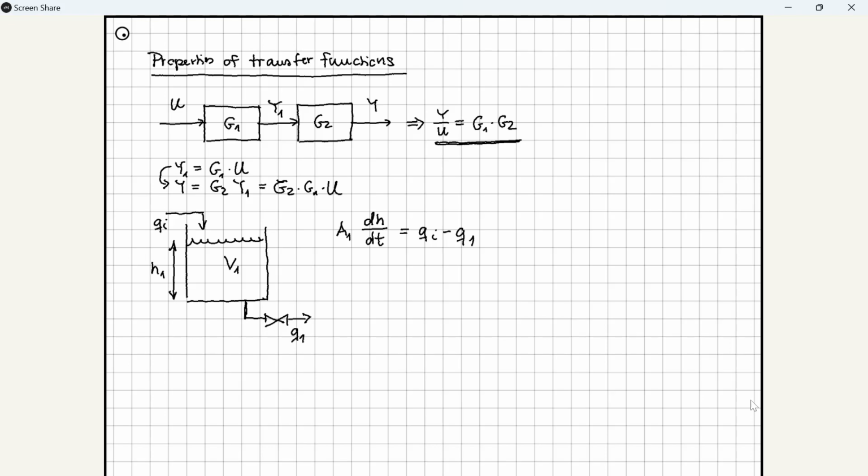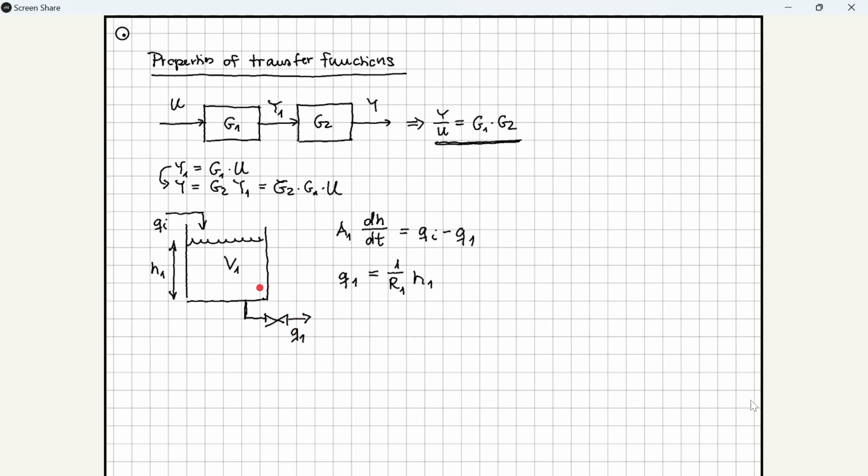And now this drains through gravity. And then there's another equation that relates the outflow to the height, because I get a higher flow rate the higher the level is. So we call this the outflow factor, 1 over R1 times H1. So this means that the outflow is a function of the level.